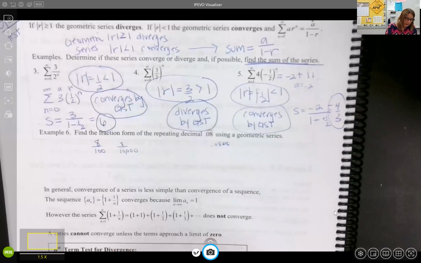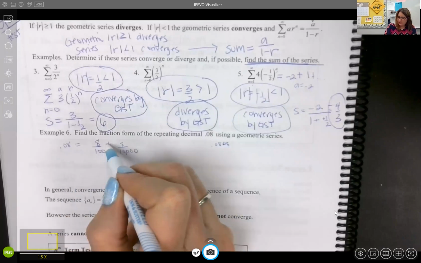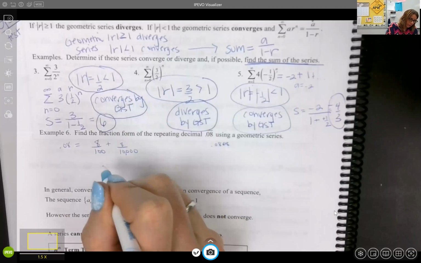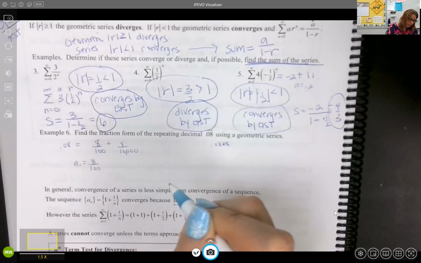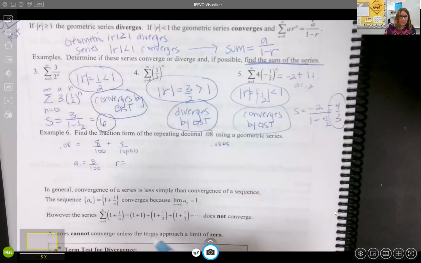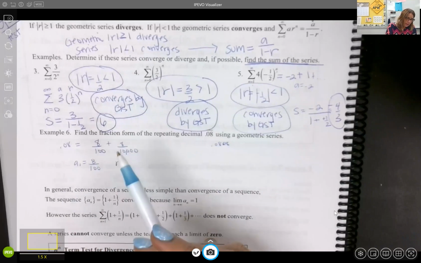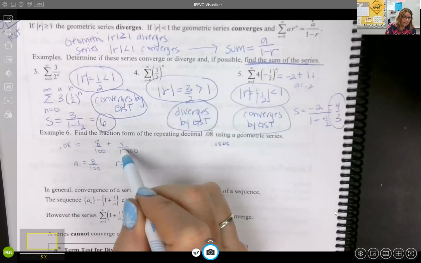10,000. Okay, so if that's going to be my terms, then I have to figure out what is a1. So a1 is 8 over 100, and the common ratio, if I divide this by this, what do you get? Or basically, 8 over 100 is multiplying by what to get to 8 over 10,000?